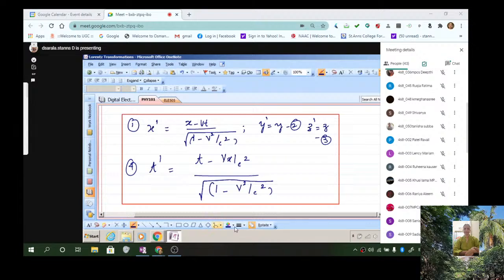These 4 equations are termed as Lorentz transformation equations. They are referred to as this.